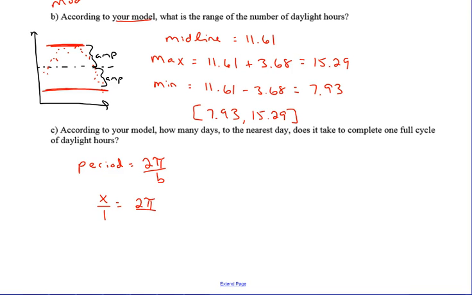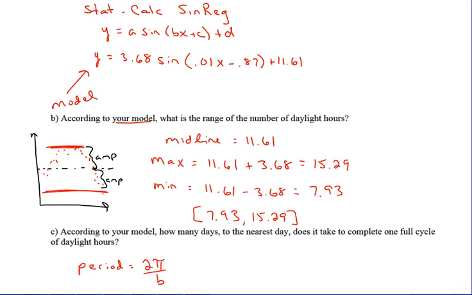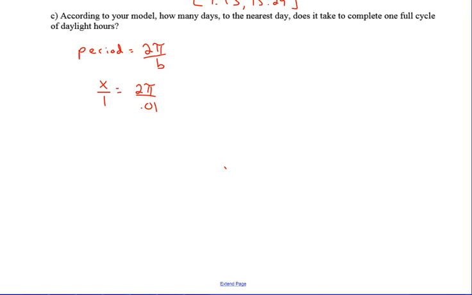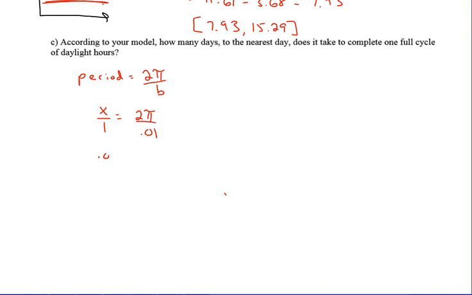Now the frequency comes from the model, which, in this graph, we're looking at 0.01. So it's going to be 2 pi over 0.01. And we just cross multiply. 0.01x equals 2 pi. Divide by 0.01.